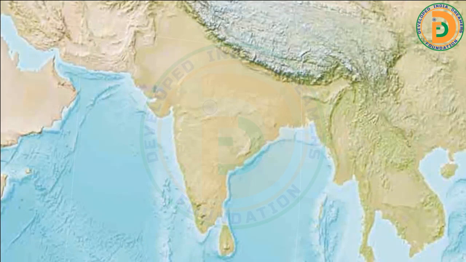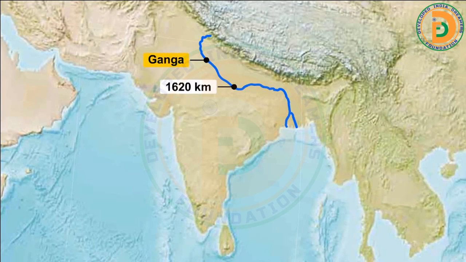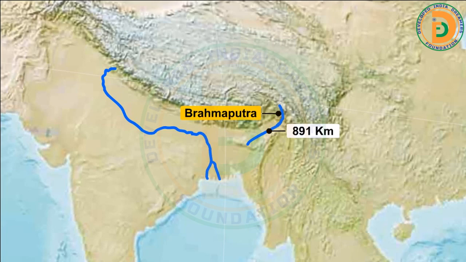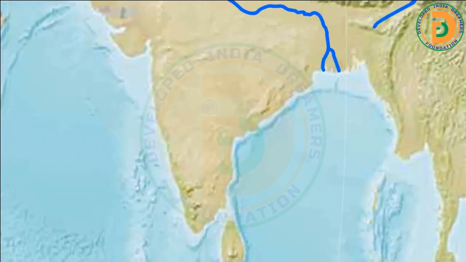1. Waterway 1. The Ganga River, 1620 km. 2. Waterway 2. The Brahmaputra River, 891 km. 3. Waterway 3.